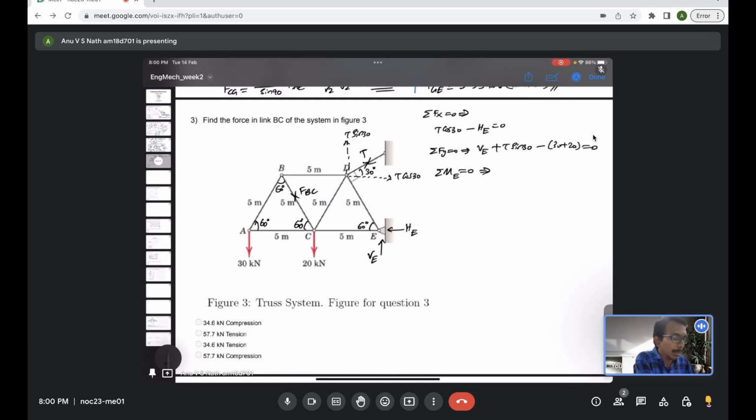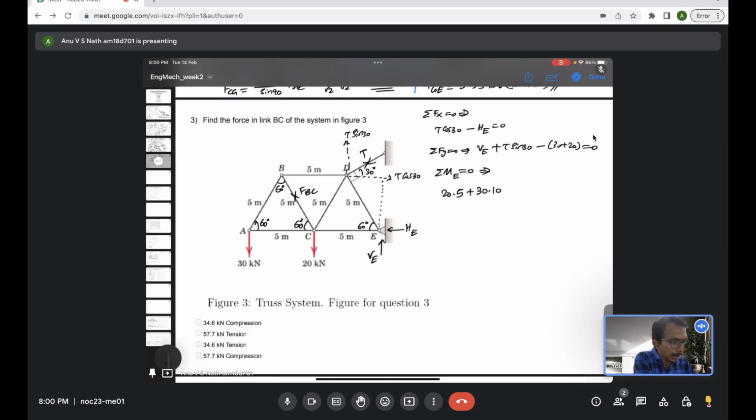Then the 20 kilonewton force is acting 5 meters away, so 20 into 5 will create a moment, an anti-clockwise moment. Let me take anti-clockwise as positive. The 30, which is 10 meters apart, also makes an anti-clockwise moment, so 30 into 10. Now T cos 30, which is acting at this much distance, what is that distance?